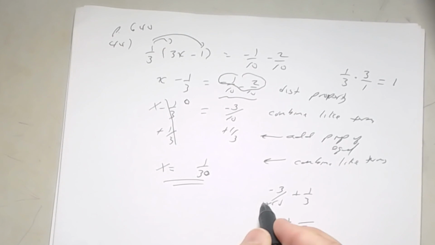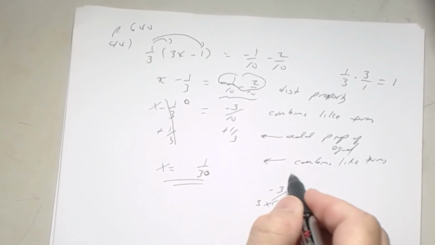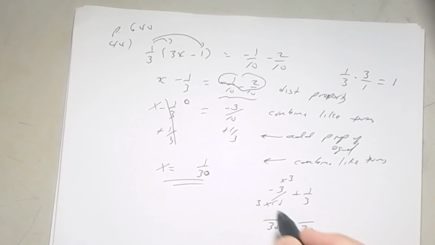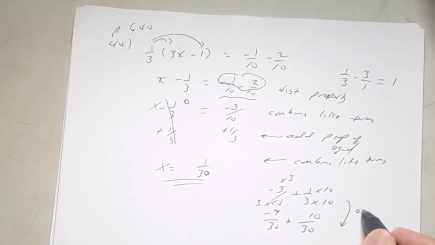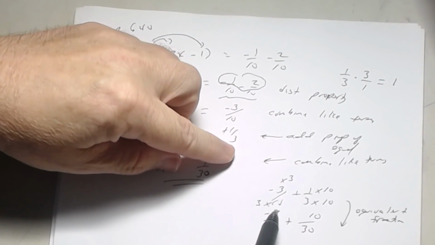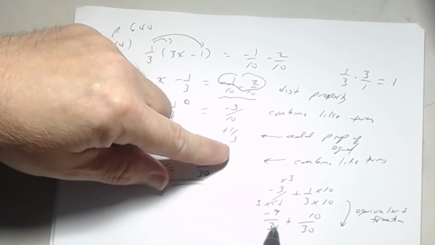10 times what is 30? What I do to the denominator, I got to do to the numerator. So what's going to be the numerator? Very good. 3 times what is 30? What I do to the denominator, I do to the numerator. 1 times 10 is 10. Now all I did was write equivalent fractions. Remember the word equivalent fractions from last semester? Equivalent fractions. So negative 3/10 is equivalent to what fraction?